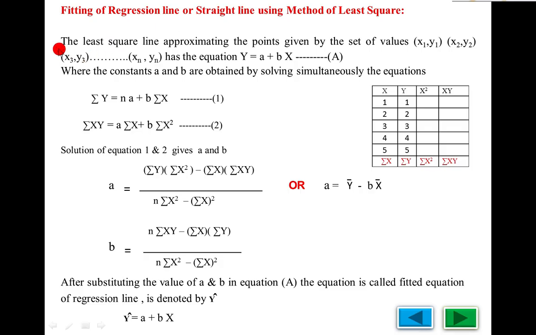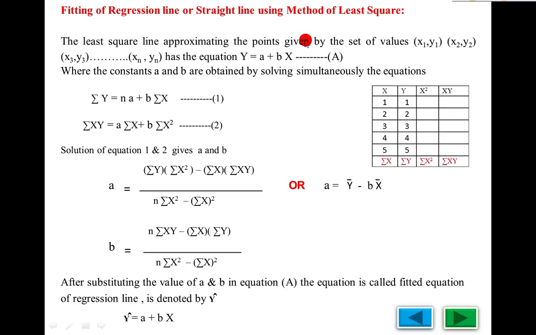So if you have n pair values, the least squares line approximating the points given by the set of values x1, y1, x2, y2 and so on up to xn, yn has the equation y equal to a plus bx. For the least squares line, regression line, straight line, all are the same, there is no difference.